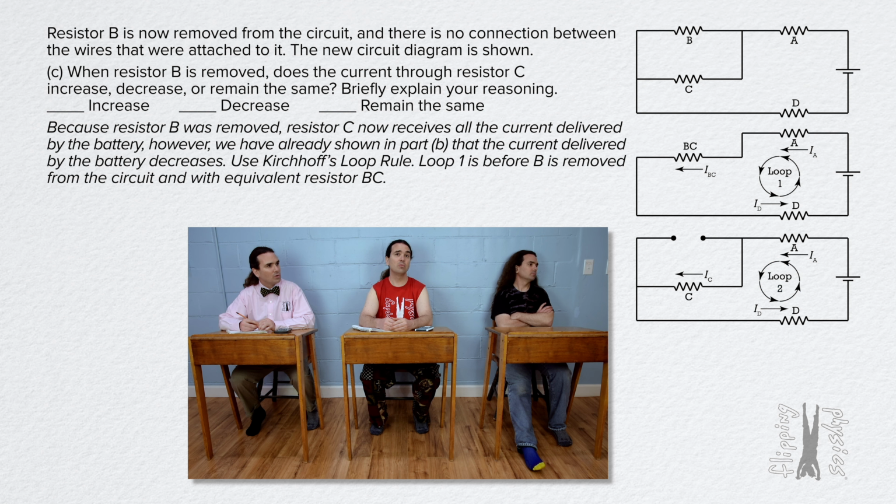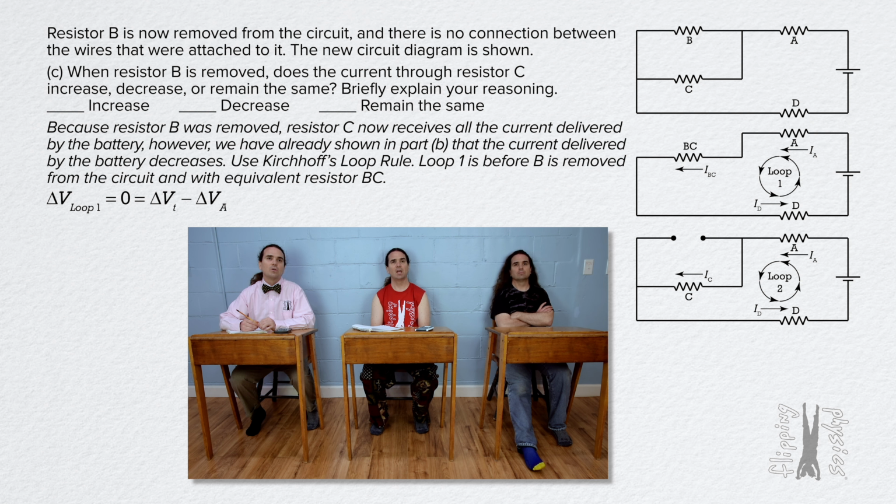Use Kirchhoff's loop rule. Loop 1 is before B is removed from the circuit with the equivalent resistor BC. And then write out the equation: electric potential difference around loop 1 equals 0, which equals the terminal voltage across the battery minus the electric potential difference across resistor A. And add a 1 to that because the electric potential difference will change after B is removed.